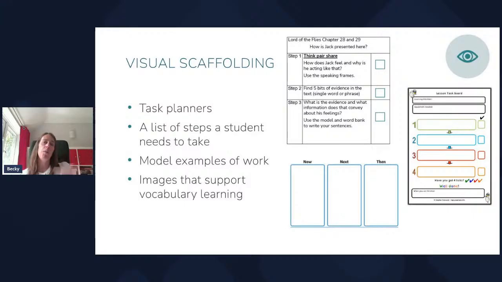Because if that is swiped away from them in year 7 and they don't have a task planner to help them organise their ideas or help them structure their work and their next steps, then there may be an element of dysregulation. So it's that knowing your pupils and knowing your learners on transition from class to class, key stage to key stage.